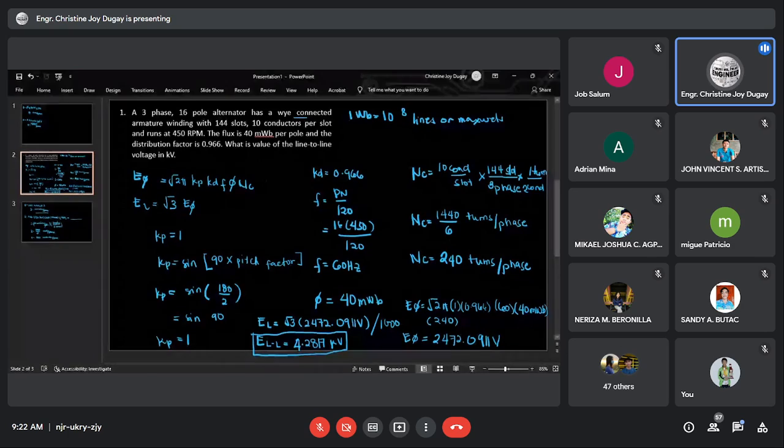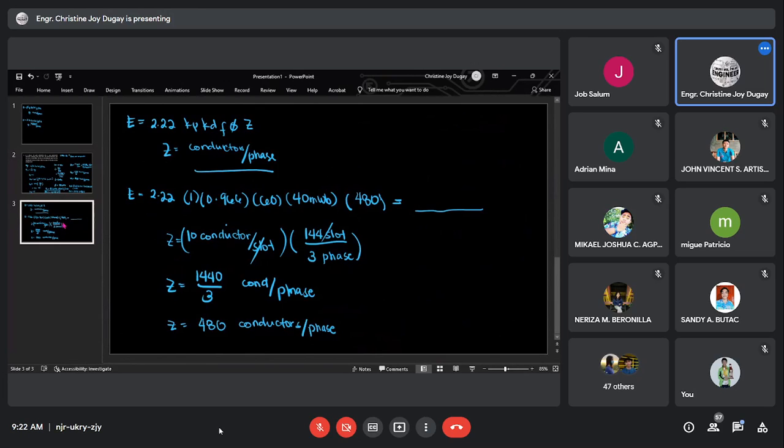Just type to our chat box, no? Para makita po. So, 2.22. So, that is 2,470.5, i-divide nyo lang siya ng 1,000 para maging kV. 2.4705 kV.